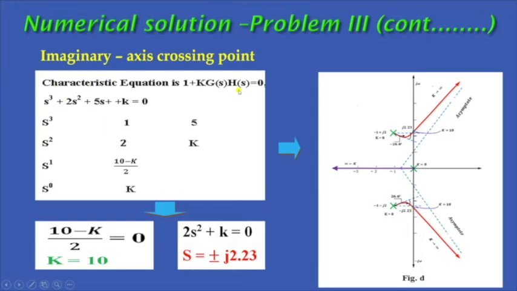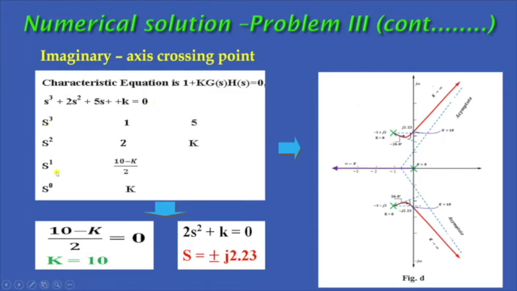Using the characteristic equation 1 plus GH is equal to 0, the equation is s cubed plus 2s square plus 5s plus k equal to 0.